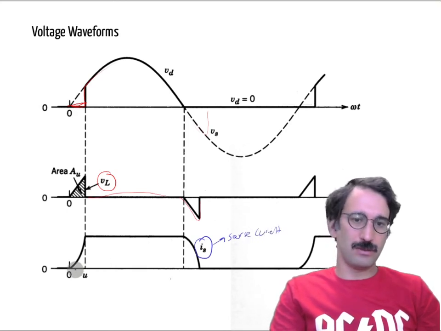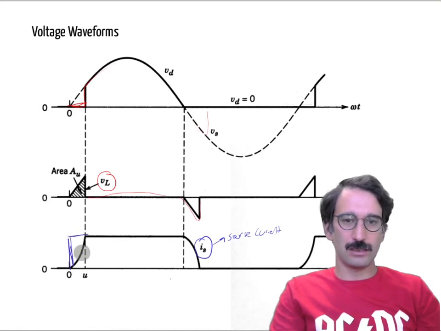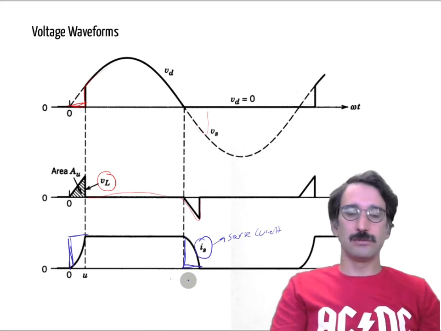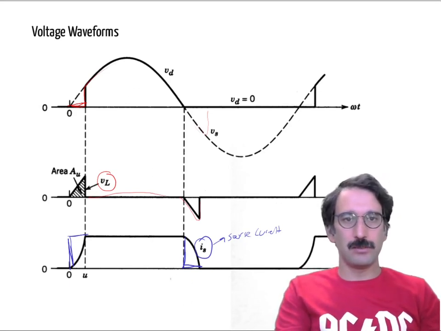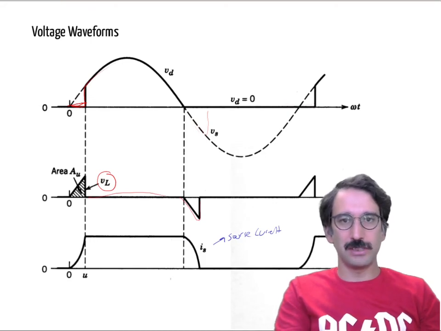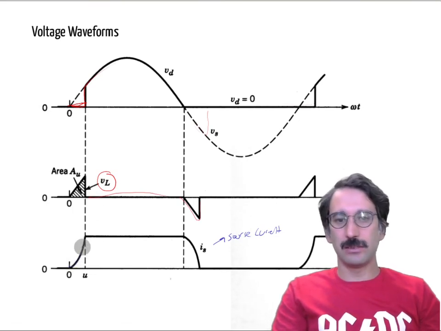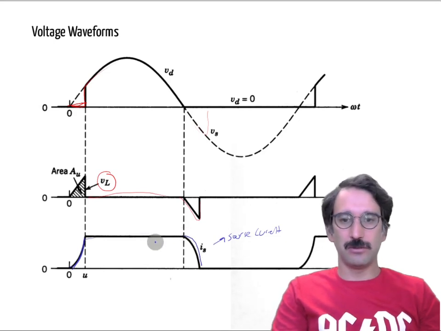So with no inductance, you were expecting to have some square waveform, but now this square wave is kind of softened, rounded. So you have no sharp edges, but you have that kind of increase, and during reduction you have that kind of reduction.